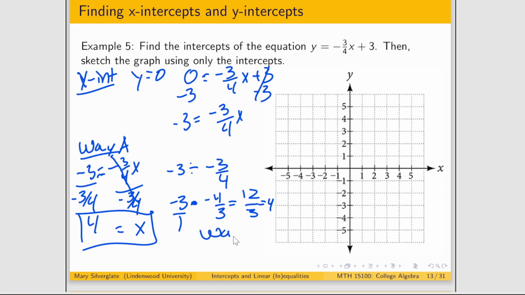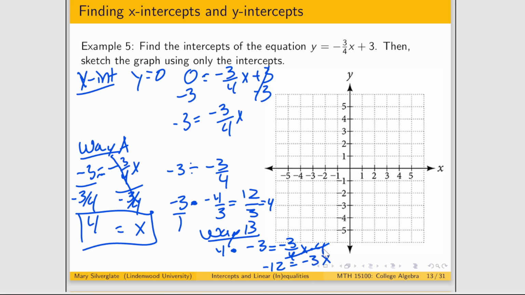Another way, I'll call it way B, is that you can treat this like a 2-step equation. So if I have negative 3 is equal to negative 3/4 x, well, the first thing I could undo is dividing by 4. So I can multiply both sides by 4. That cancels out to make 1. 4 times negative 3 is negative 12, which is equal to negative 3x.